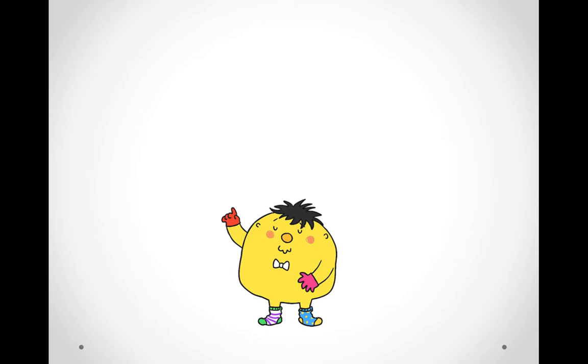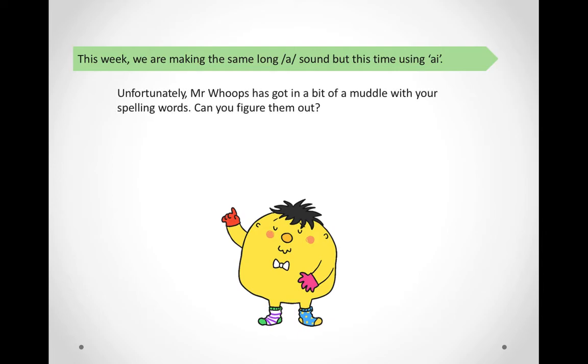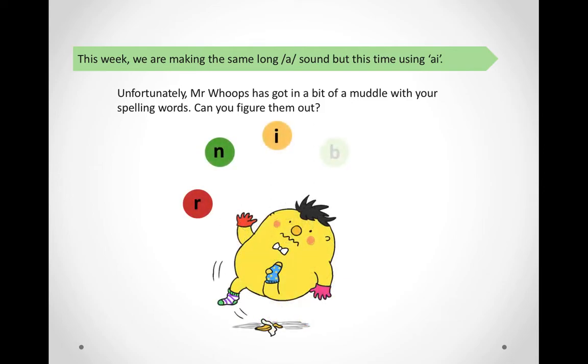Now, this is Mr. Clumsy. This week we are making the same long A sound, but this time using A-I. Unfortunately, Mr. Whoops, oh my bad, he's not Mr. Clumsy, he's Mr. Whoops. Unfortunately, Mr. Whoops has got it in a bit of a muddle with your spelling words. Can you figure them out? Oh no, he fell down.